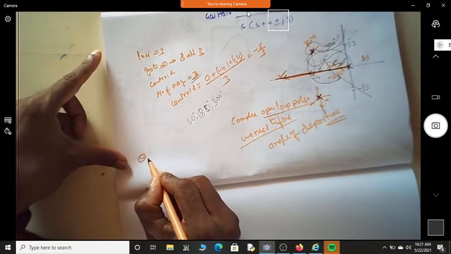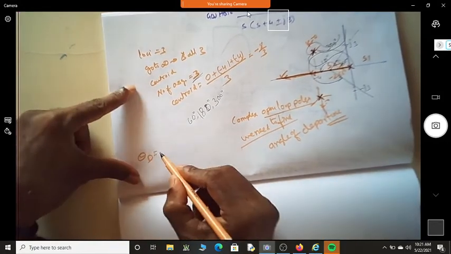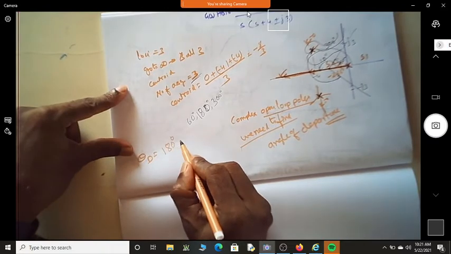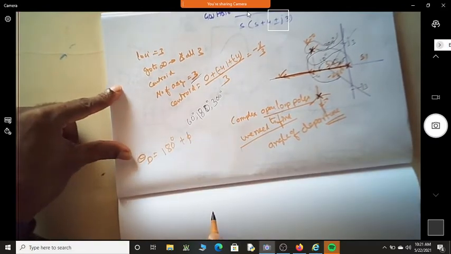For that, how do we find it? We write it as theta d, angle of departure. Theta d is nothing but 180 degree plus phi.